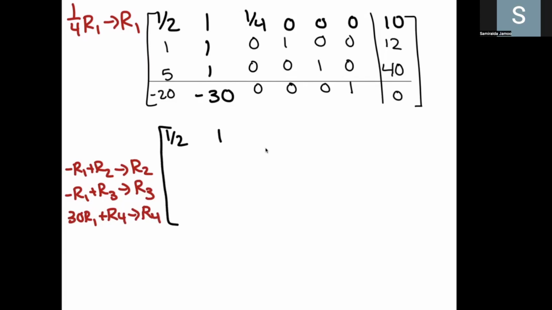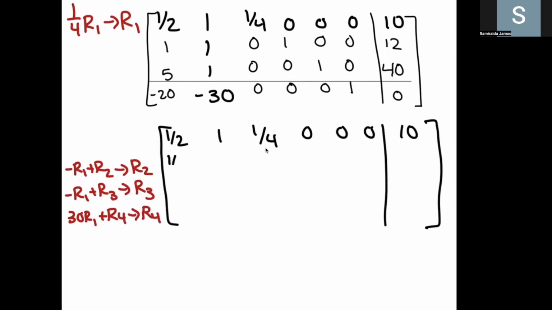We got 1/2, 1, 1 over 4, 0, 0, 0, and 10. Okay, I have -1/2 plus 1/2. That's +1/2. -1 plus 1, 0. -1 over 4 plus 0, -1 over 4. 0 plus 1 is 1, 0, 0. And then we have -10 plus 12. That gives me 2.